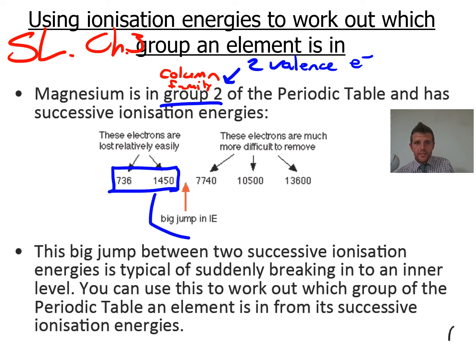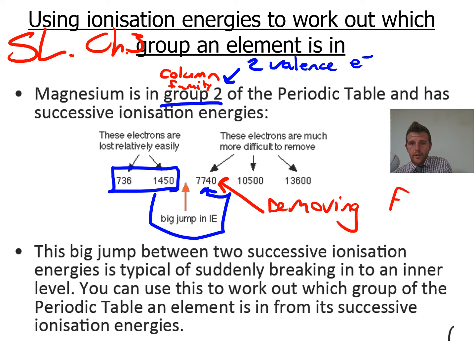And then we see this big jump in ionization energy, which indicates that we are now removing from an inner level. So the radius went down.